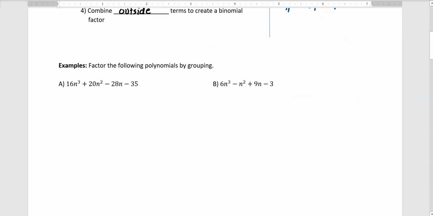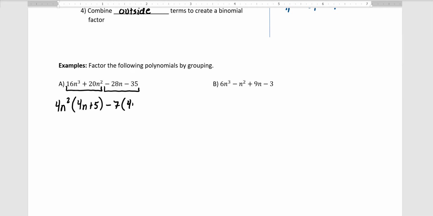So if I'm looking here, I have 16n to the third plus 20n squared. Let's try to factor that out. So 16, 20, I can take 4n squared out of that. When I do that, I'm left with 4n plus 5. Now looking at negative 28n minus 35, I factor out a negative 7 there.